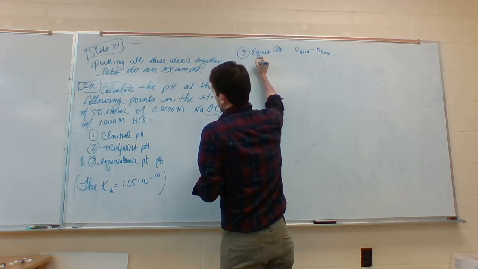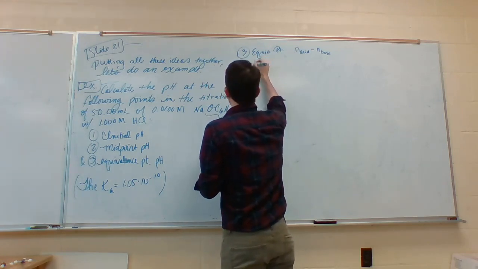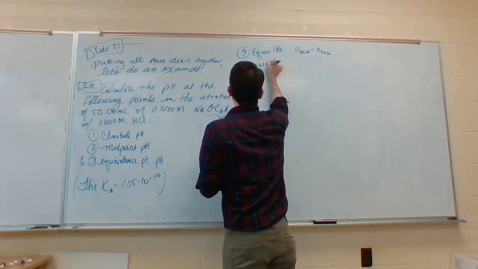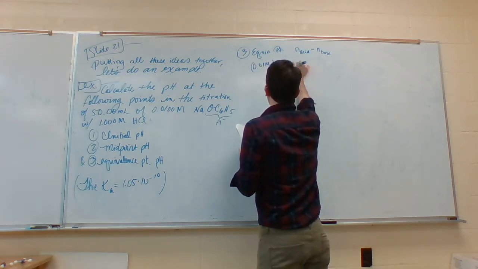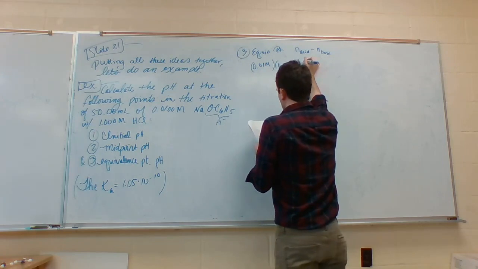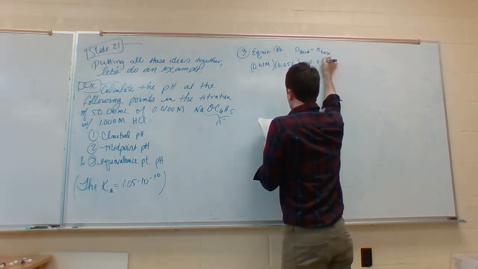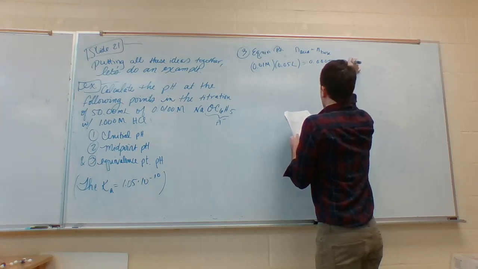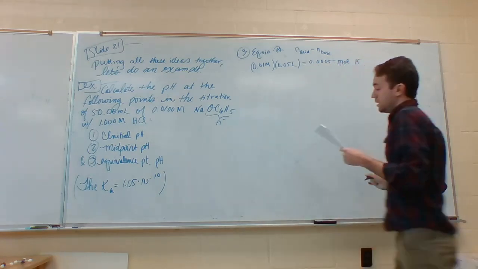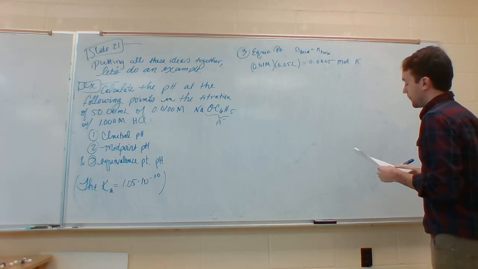So that would mean that we would take 0.01 molar times 0.05 liters, and that would give us 0.0005 moles of our phenolate. All right?